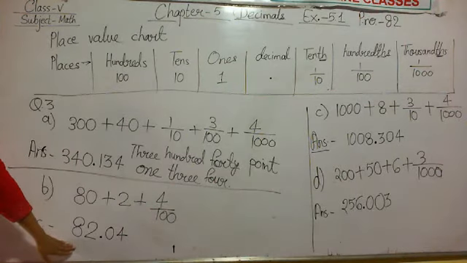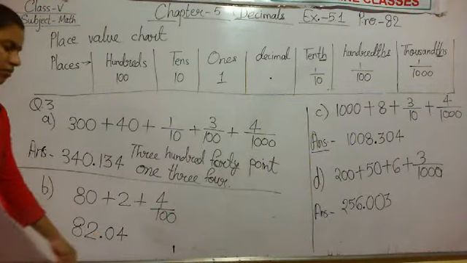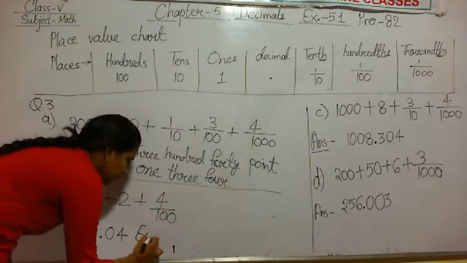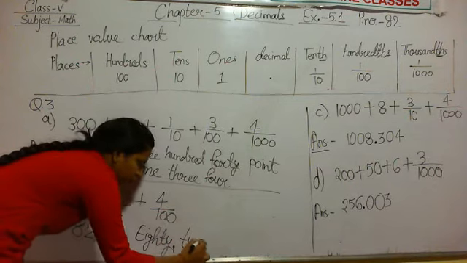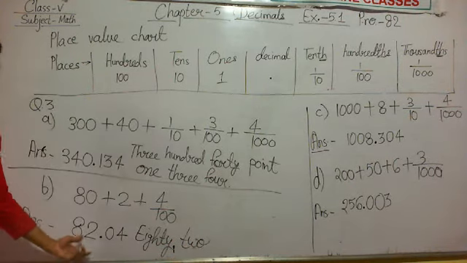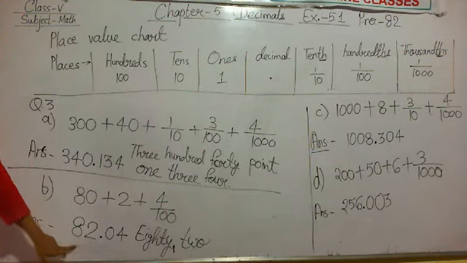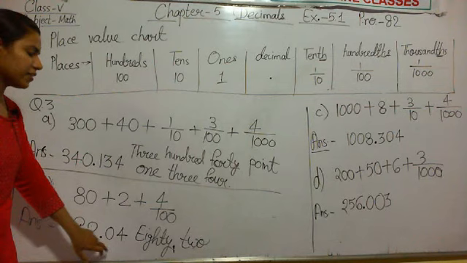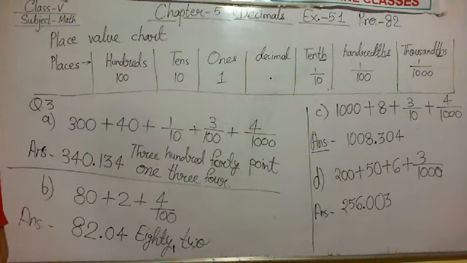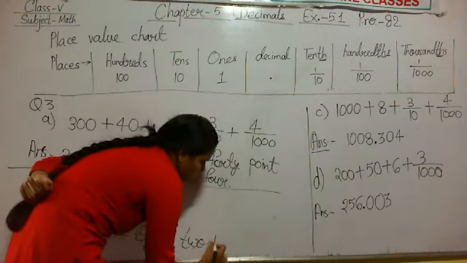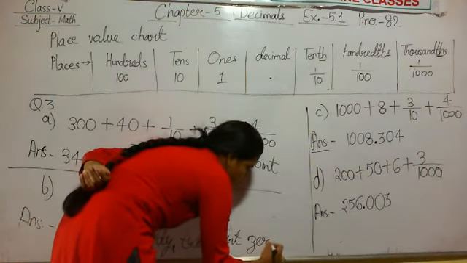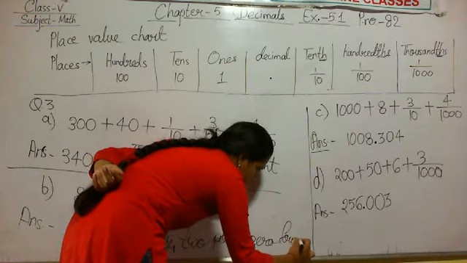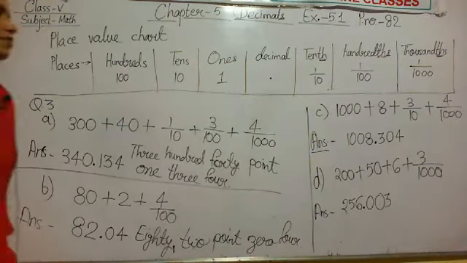What will be the number name of 82.04? We read the whole number together. 82 is the whole number here, that is why we read it together. And after the decimal, we read the numbers separately. 82.04 is the number name for it.